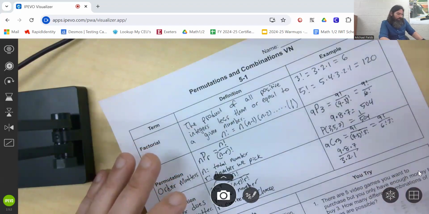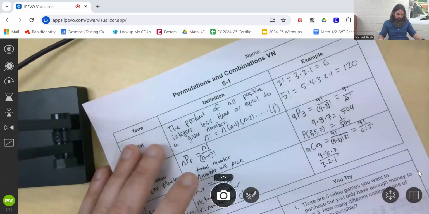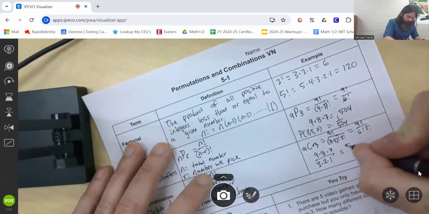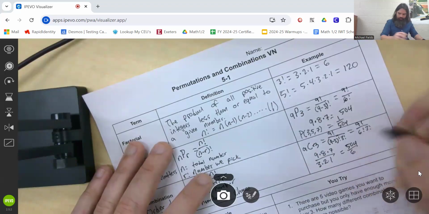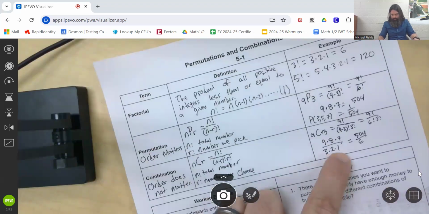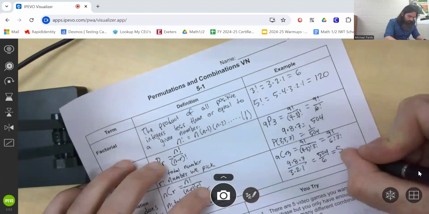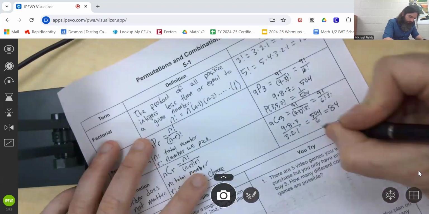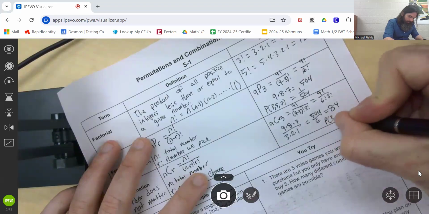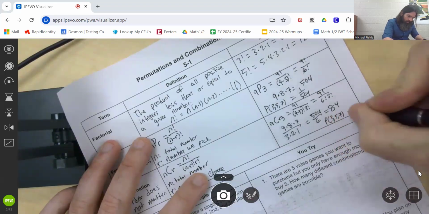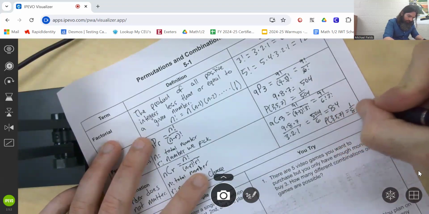So when we do that math, we have that same 504, but now the 504 is being divided by 6, because 3 times 2 times 1 is 6. And that gives us 84. So the probability of having a 3, 5, 7 where the order does not matter would be 1 out of 84.